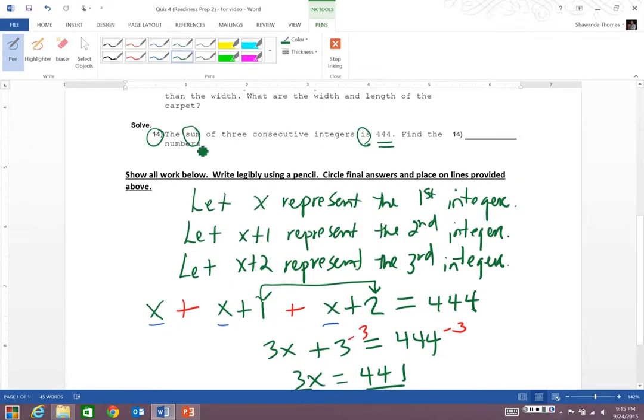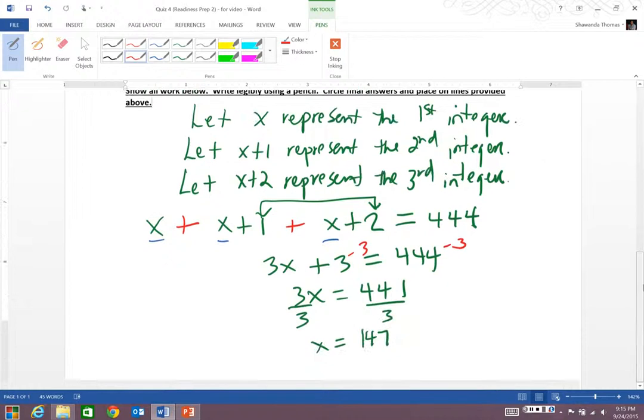The sum of the three consecutive integers. So we have only come up with one so far. Since x equals 147, if I add 1 to the x, I know that I will have 148. If I add 2 to the x, I know I will have 149.